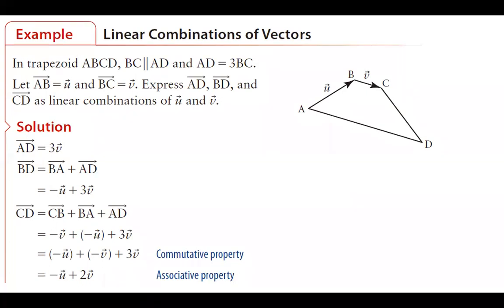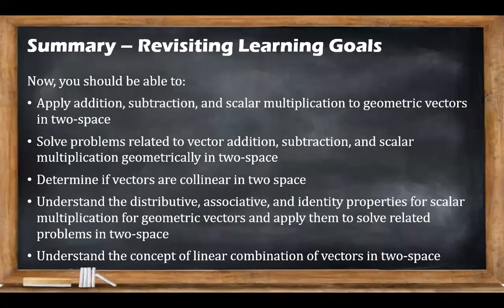Okay, so this is today's lesson. Then let's make a summary by revisiting today's learning goals. So now, after this lesson, you should be able to apply addition, subtraction, and scalar multiplication to geometric vectors in two space. Solve problems related to vector addition, subtraction, and scalar multiplication geometrically in two space.